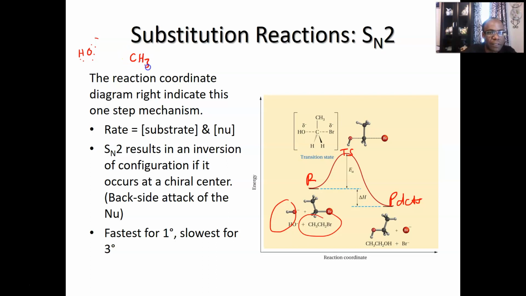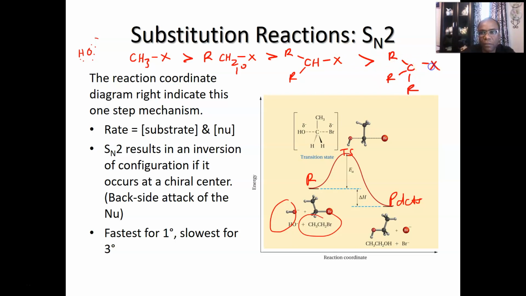So I would expect that where you have all CH3s with the leaving group X, this one will be more reactive than where you have a CH2 with one R group, a carbon-containing group. This is called primary because there's one R group, which will be more reactive than a secondary alkyl halide, because now you're introducing sterics or crowding on the backside, which will be more reactive than one that has 3 R groups.